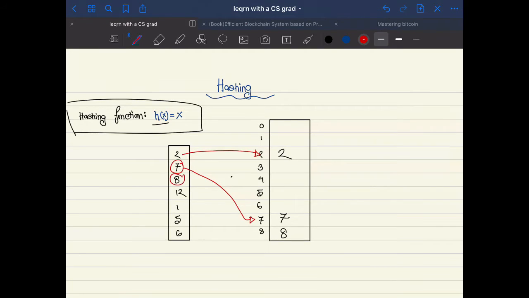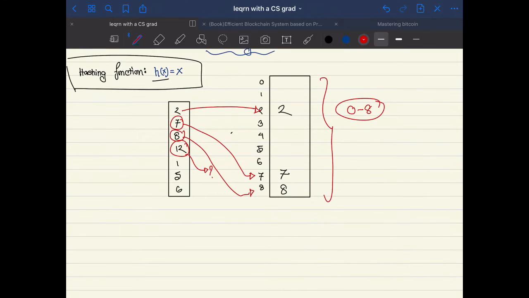So this is how they are put into each one of them. 8 is put into index 8. However, the problem here is we don't have any place for 12 in this array, because the array is from 0 to 8.